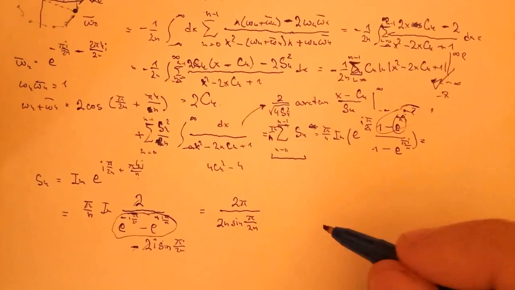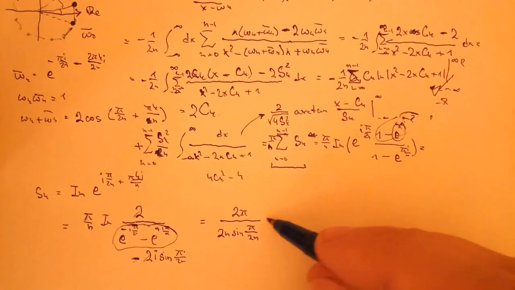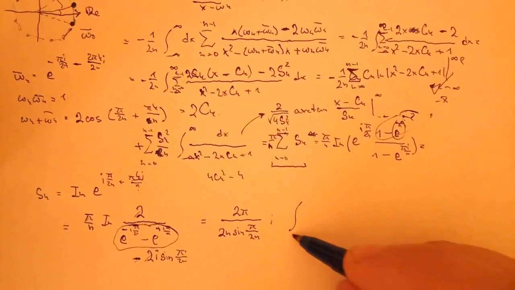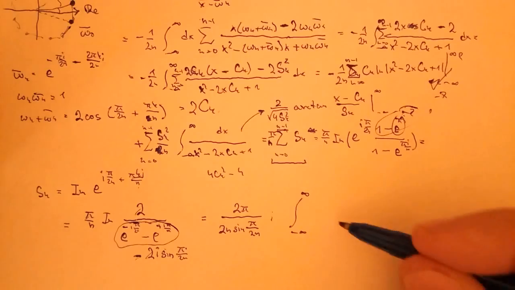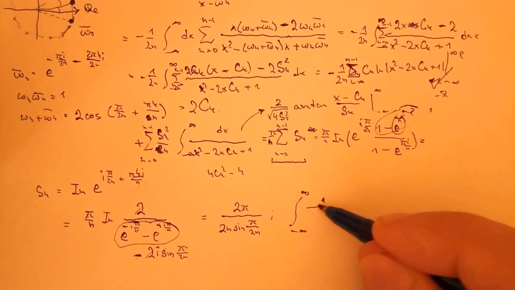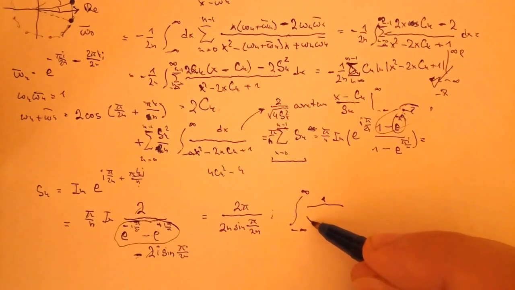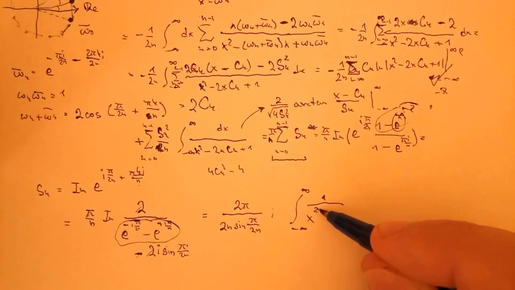I will leave to the reader how to compute this example, which might be more complicated, but you can compute the same integral for 2n over n.